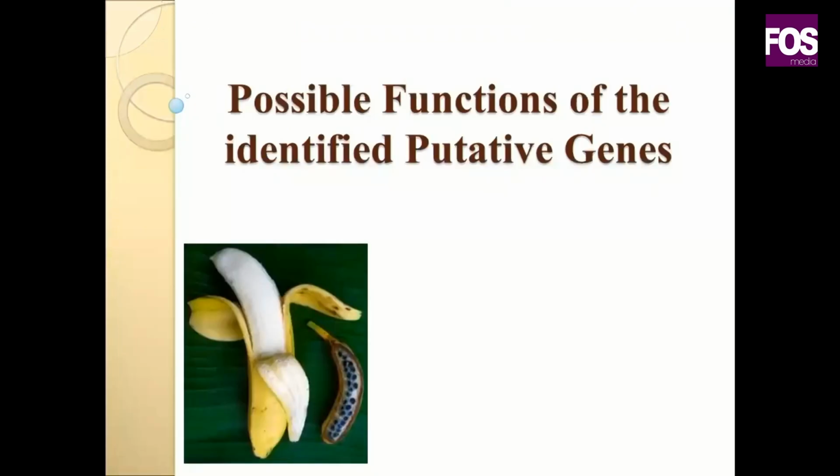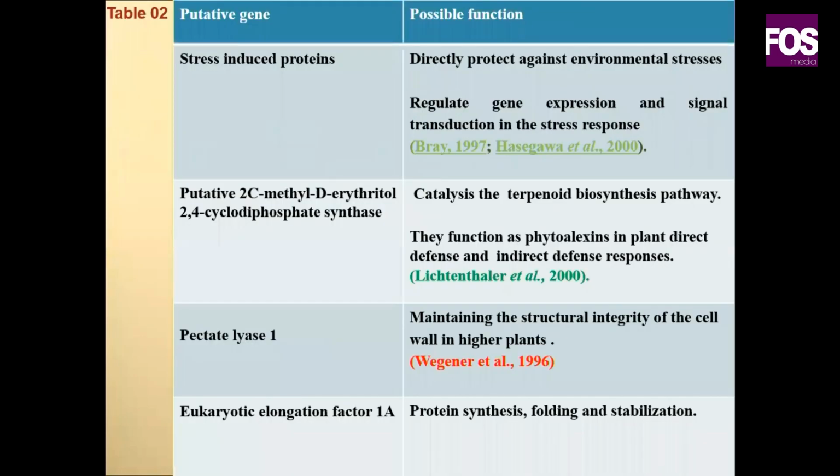Then the possible functions of these identified putative genes were recorded using available literature: stress-induced proteins, putative 2C-methyl-D-erythritol 2,4-cyclophosphate synthase, and pectate lyase. These are the putative functions of the selected genes.